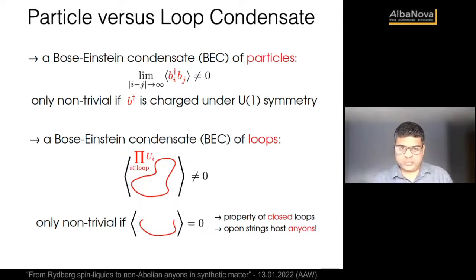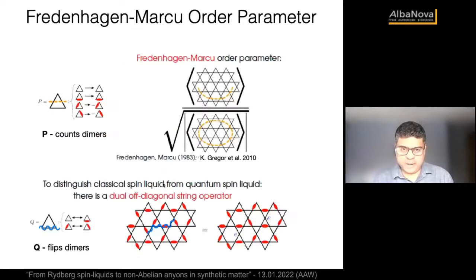Okay, and that's really what we used. It goes under the name of the Fredenhagen-Marcu order parameter. There's a way to make this more rigorous. You take the expectation value of the open loop, divide by the square root of the closed loop, which has twice the length, and see if this ratio goes to 0. And when it goes to 0, you know you're in this quantum spin liquid phase.